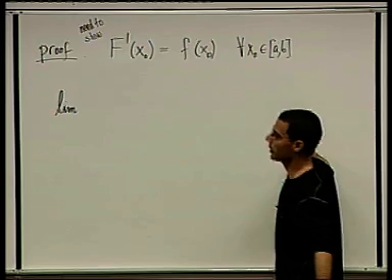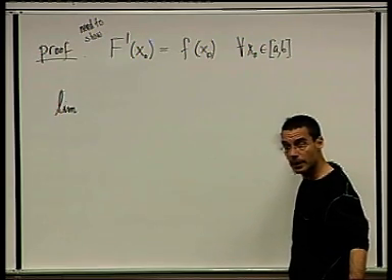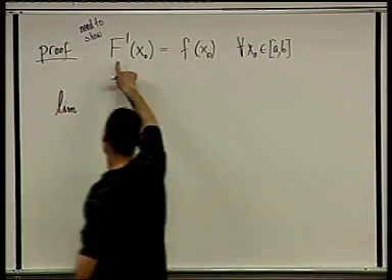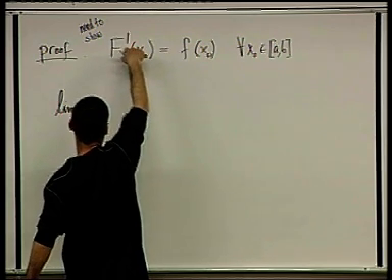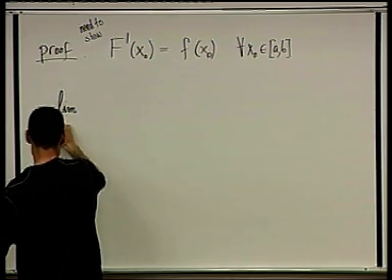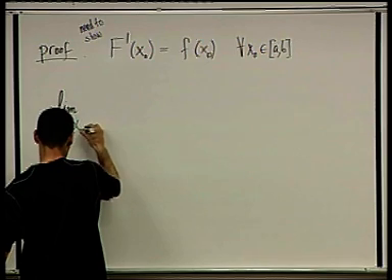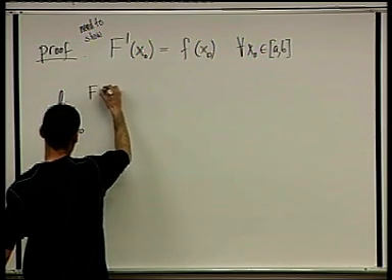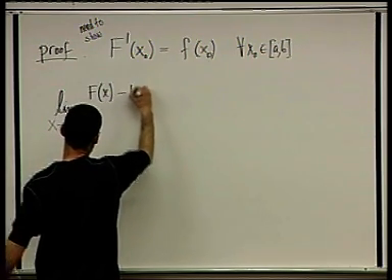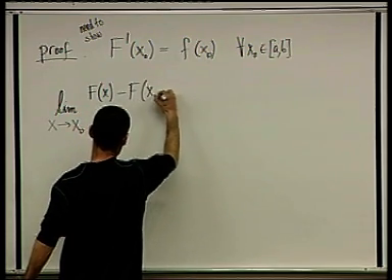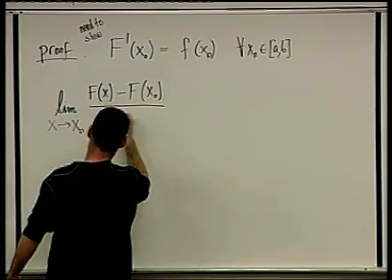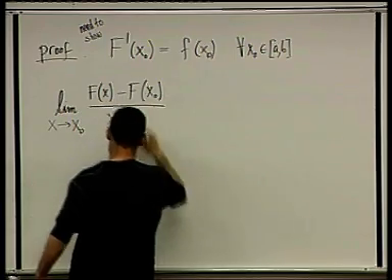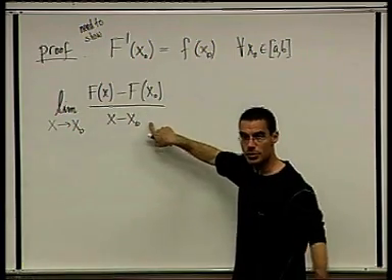This is what I want to show. Do you agree? So what is the definition of capital F prime at x0? It's the limit as x goes to x0 of capital F of x minus capital F of x0 divided by x minus x0. Do you agree?